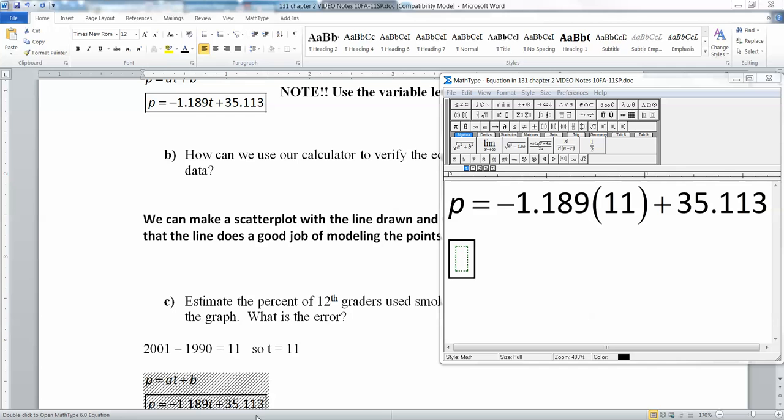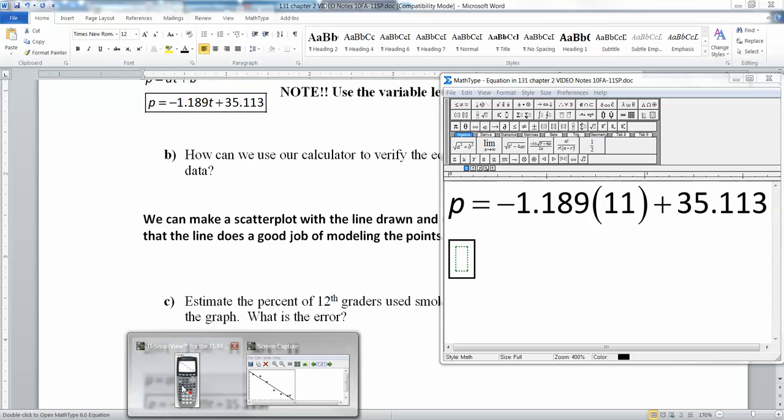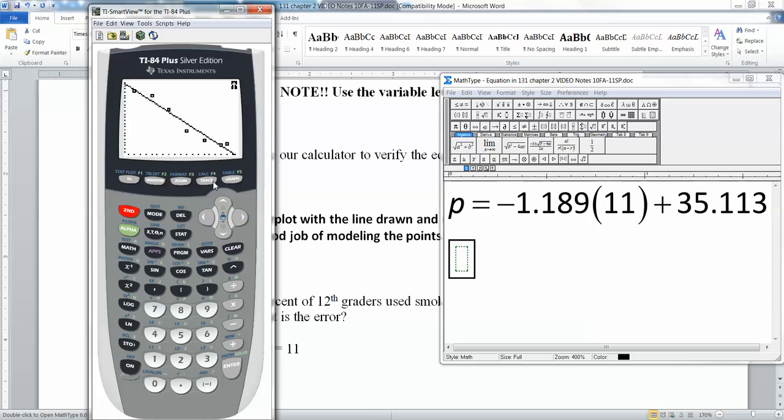Here's another point. There's an advantage to using, if you stored it, it'll be second table right here in your table. If you go down to 11, so if you use the store equation, then the table will show you. By the way, table's not the same thing as stat edit, just so you're clear. Table is above your graph button, that's using this line, this thing that you put under y equals, that y1 right there.